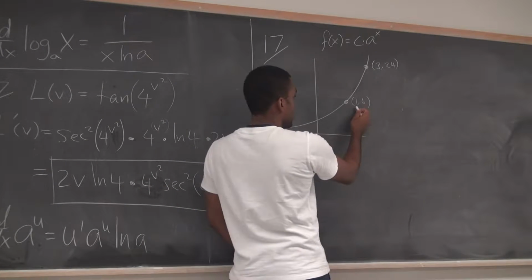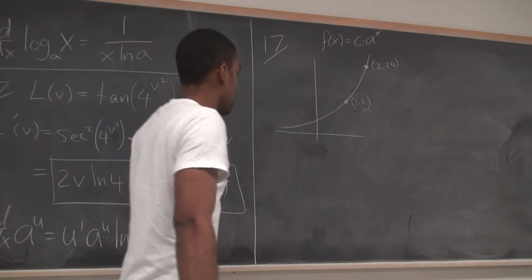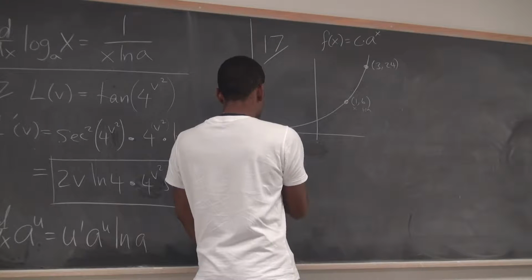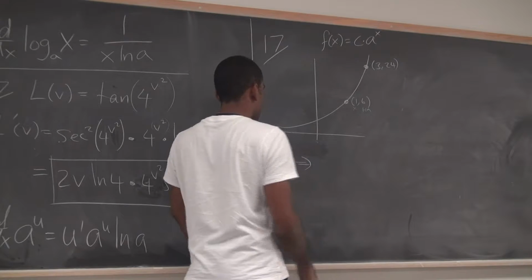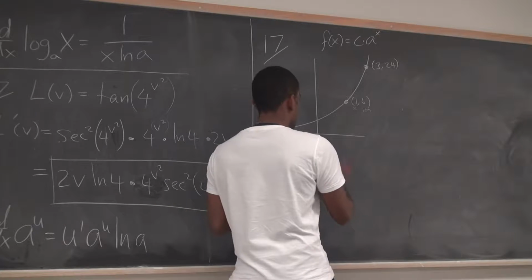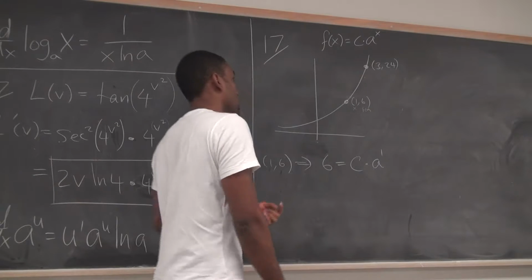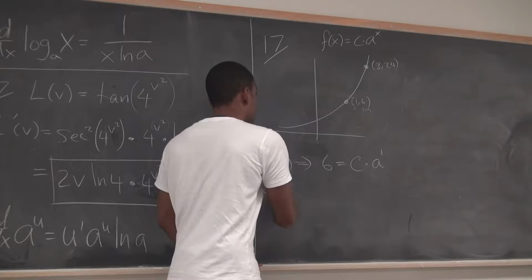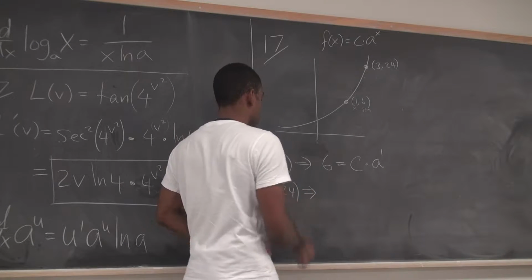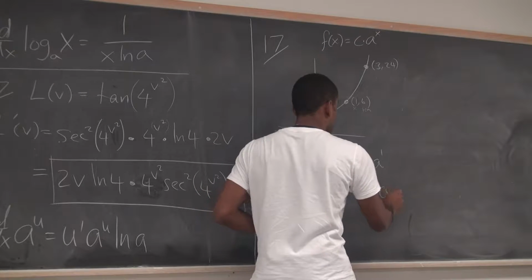Just realize that each coordinate is x comma f of x, basically. So the point (1, 6) implies that when x is 1, the function output is 6. So I know that 6 is equal to c times a to the 1. I also know that the point (3, 24) means that 24 is the output whenever x is 3.